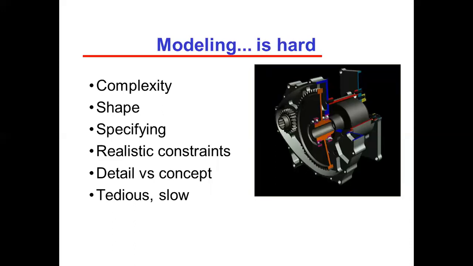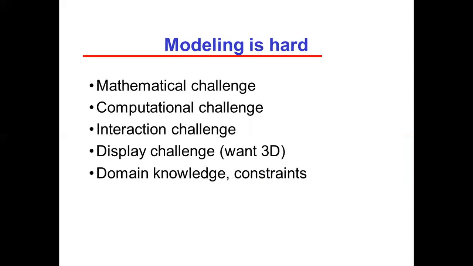Because it is complex, has a typical shape, is difficult to specify, and in this case we also define the realistic constraints. What are the realistic constraints? Detail versus concept. We compare this, tedious and slow. Even though it is very difficult to develop, it is very tedious work, and ultimately it is time-taking, so it is also slow to develop such models.